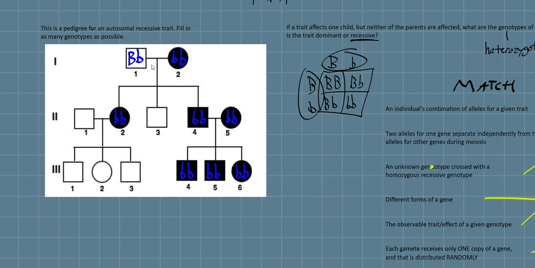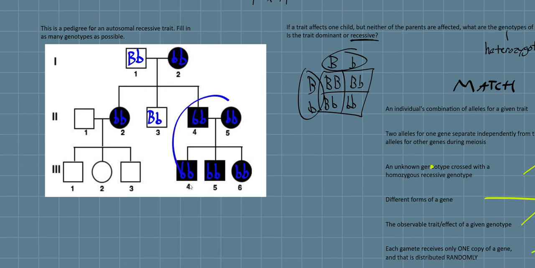So now we've got this. Here this person's unaffected, so big B, but from their mother they can only get a little b, so they get the recessive allele from the mom. So we've got these parents, these grandparents, I guess, and their kids figured out.